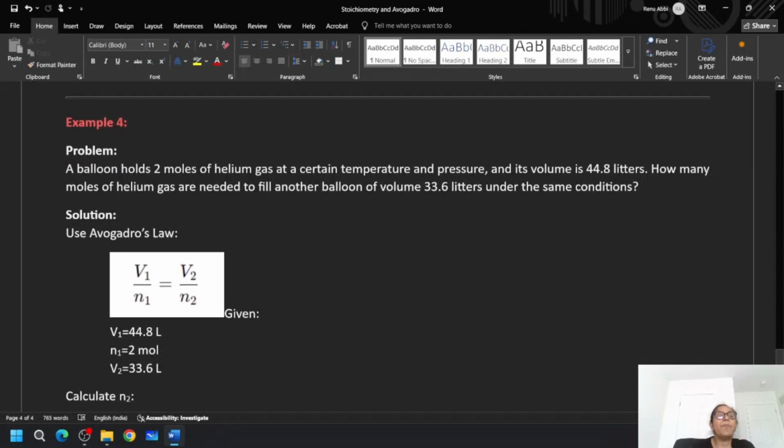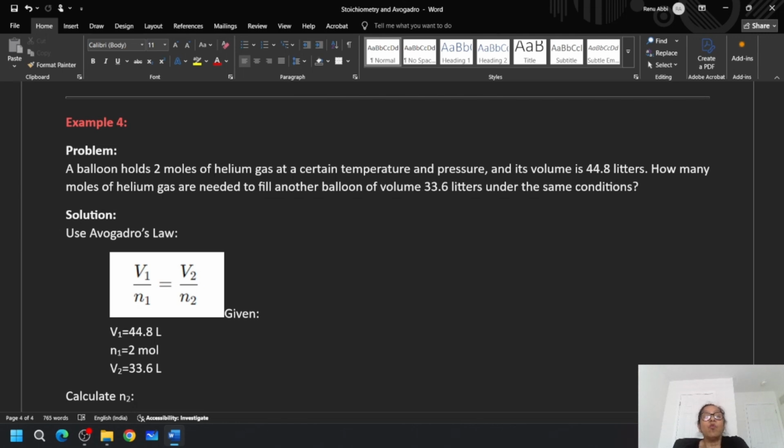Now, example 4. A balloon holds 2 moles of helium gas at a certain temperature and pressure, and its volume is 44.8 liters. How many moles of helium gas are needed to fill another balloon of volume 33.6 liters under the same conditions?